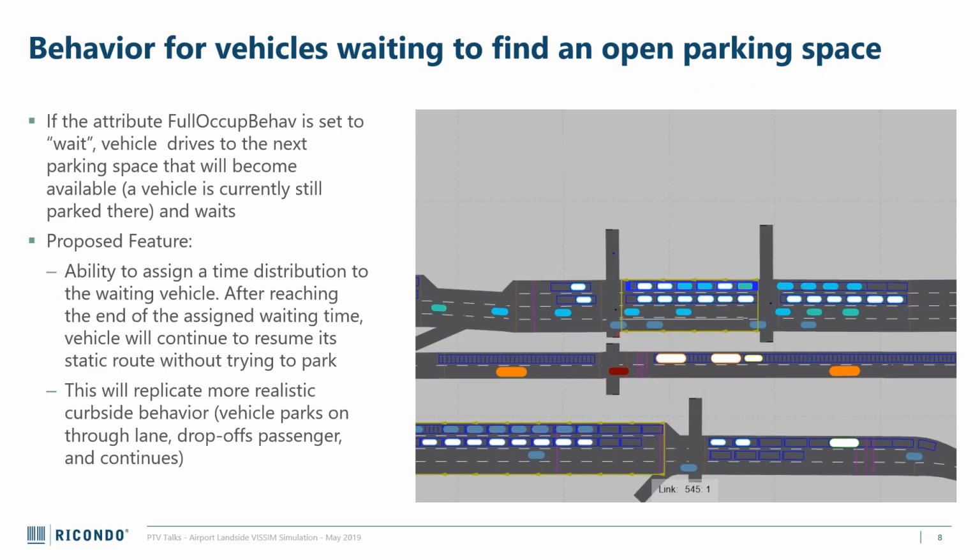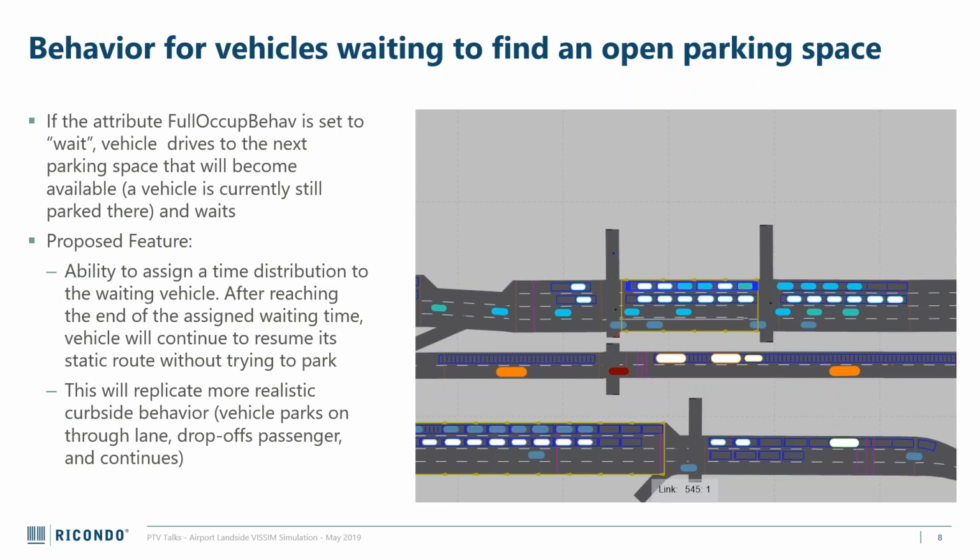Now, this is good, but it is not enough, because sometimes the vehicle will wait there too long and create a queuing condition that is not realistic. So what we would like to propose is the ability to assign a time distribution to the waiting vehicle.